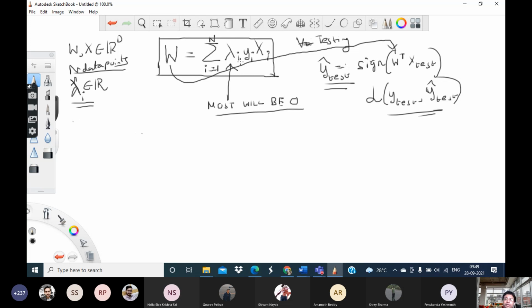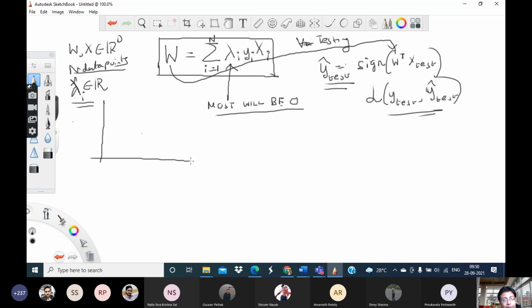That is to say, when we are considering the linear combination of all the training data points, most of their coefficients are going to be 0. That is to say, W will not be based on those particular data points at all, right? Because their coefficients are 0, they are not playing any role in W. Only a small number of them will be non-zero.